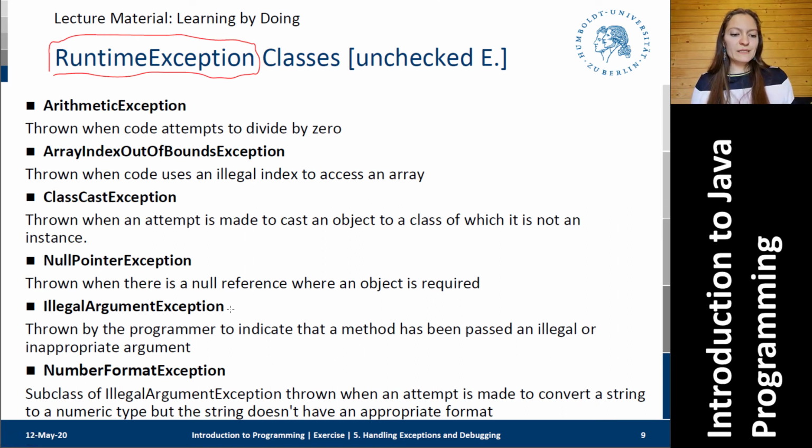This IllegalArgumentException is an exception from the runtime class, and this is usually thrown by the programmer. The NumberFormatException, the next exception, is a subclass of IllegalArgumentException, and this is thrown when an attempt is made to convert a string to a numeric type, but the string doesn't have an appropriate format.